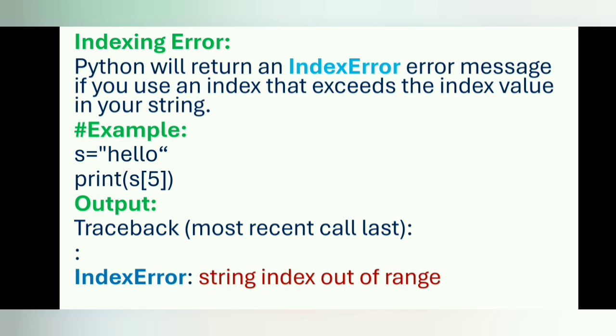In this example, valid indexes are 0, 1, 2, 3 and 4, but we have used 5, which exceeds the index value of the string. So Python will return an index error message that string index out of range. Similarly, if we use -6, Python will return an index error message that string index out of range, because here valid negative indexes are -1, -2, -3, -4 and -5.